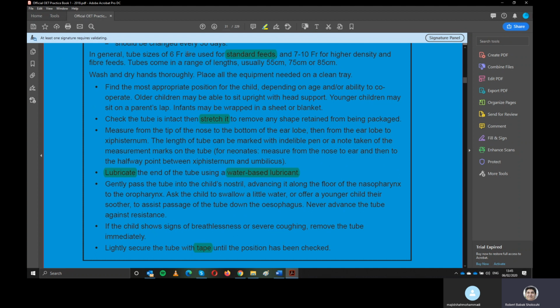So tube size of 6. And we have here severe coughing and breathlessness. Okay, so we've got three yes answers here, so yes, we can go down.